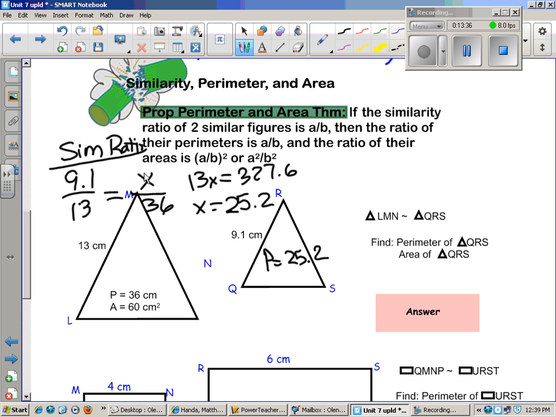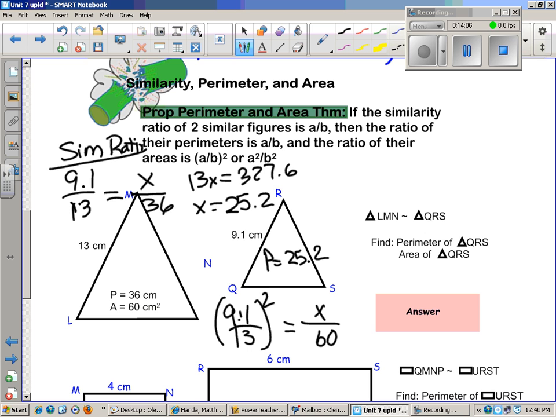So, to find the area, I'm going to do the same thing I did before. I'm going to have the side I know and the side I'm trying to find out. Only what I'm going to do is take the similarity ratio and square it. Because now I'm talking about square units. Okay? And so I square the similarity ratio, and that's going to be equal to my area of this figure and then the area of the other figure.